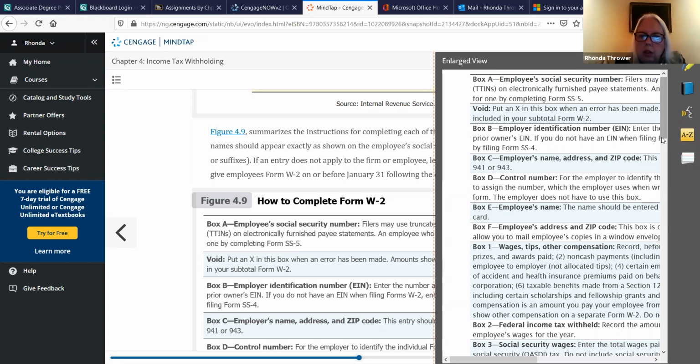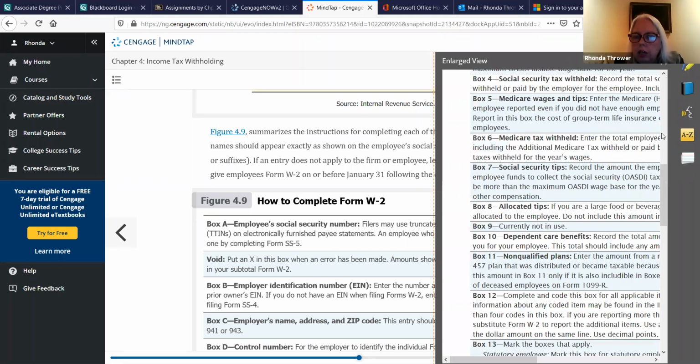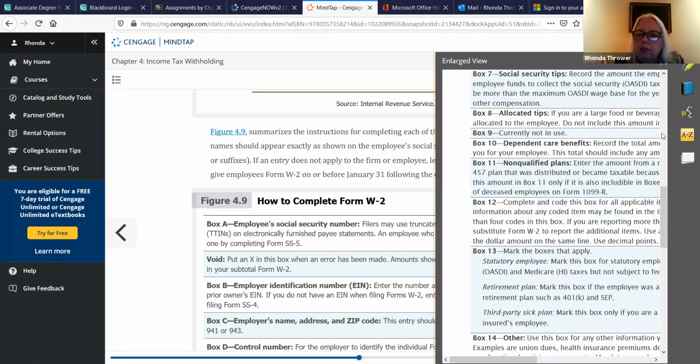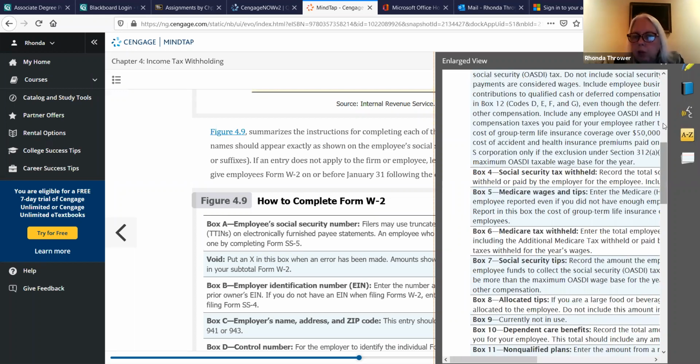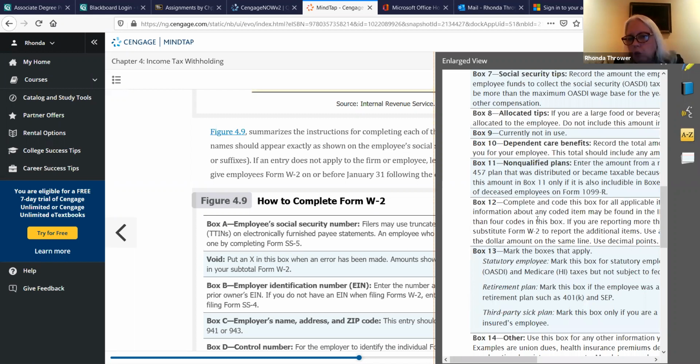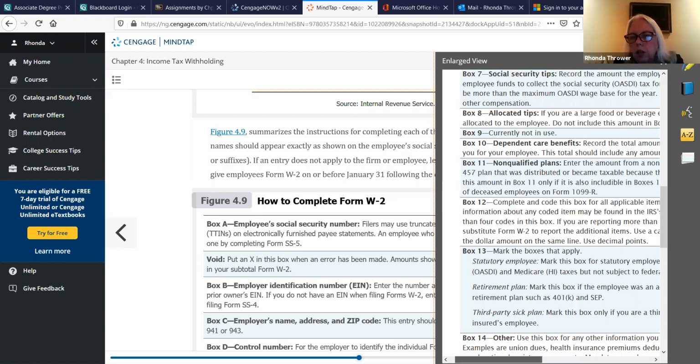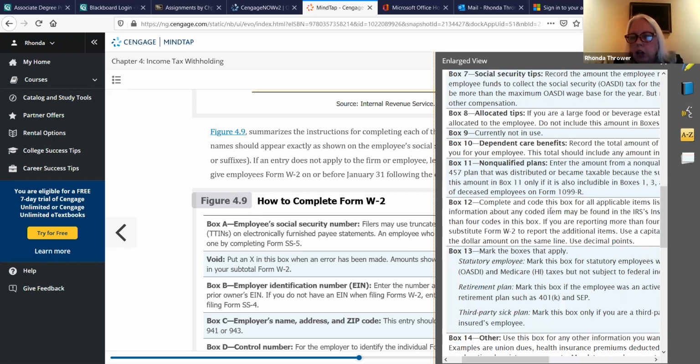For this box 12, if you look at this, each box of the W-2 form is listed here as to what goes in there. So you can read through some of these. But on that particular one, we were looking at box 12. The instructions for box 12 say to complete and code this box.